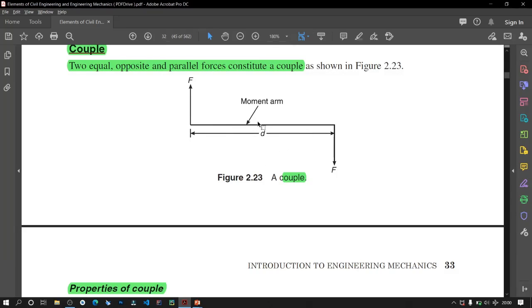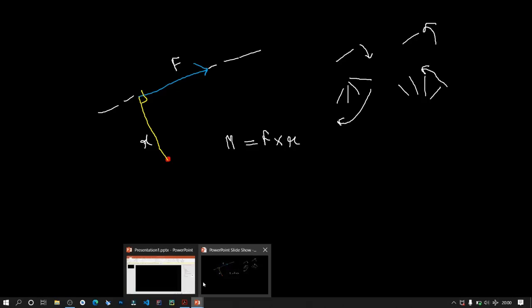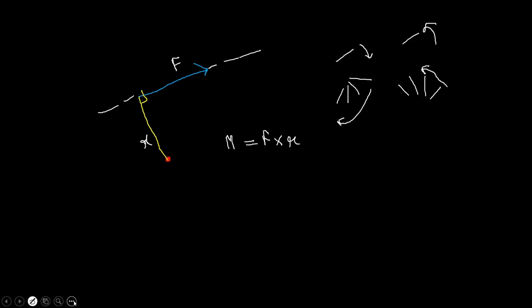Actually what it is, wait, I will draw this here also. This is a point, the point of action, what I taught earlier.